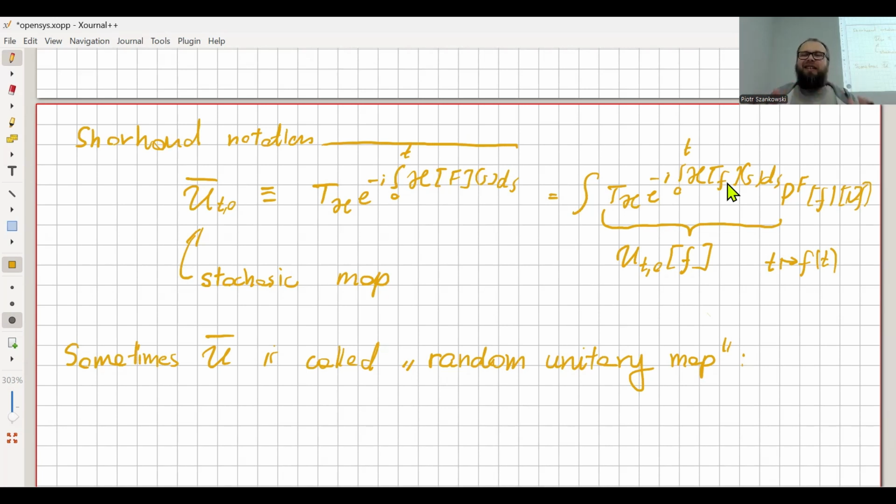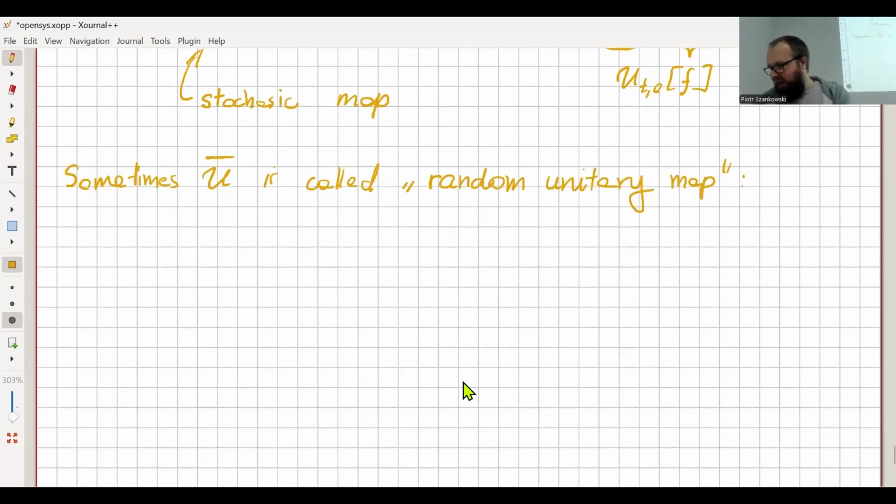The time-ordered exponent behaves just like a unitary map, and you average it with the probability distribution. So the name is pretty apt: unitaries averaged over a stochastic process. That's the nomenclature.